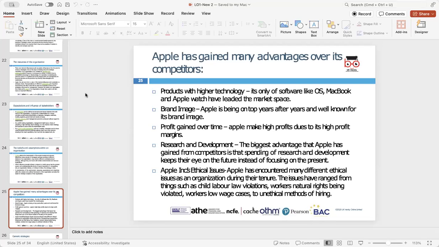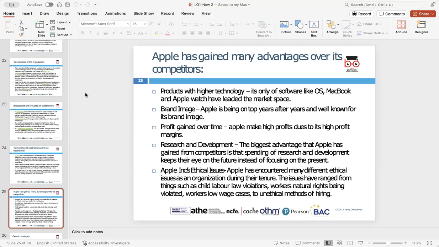Brand image: Apple maintains a strong brand presence and reputation. Profit margin: the company enjoys high profit margins. Research and development: continuous investment in research and development enables Apple to focus on future innovations.